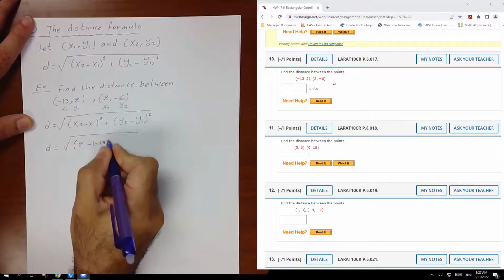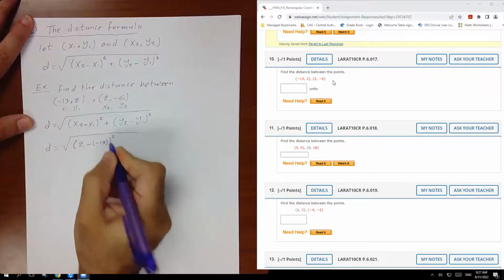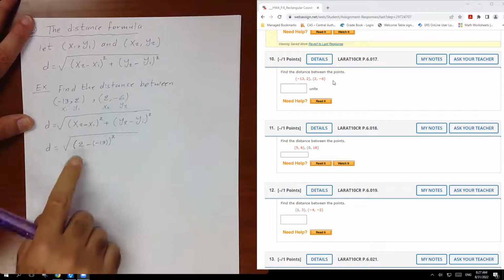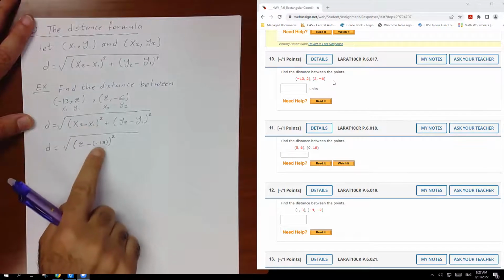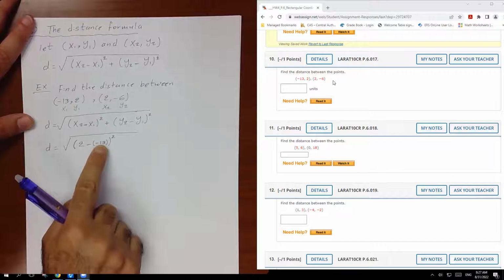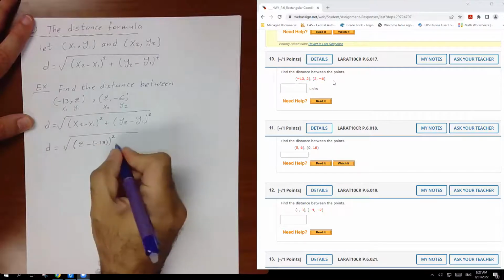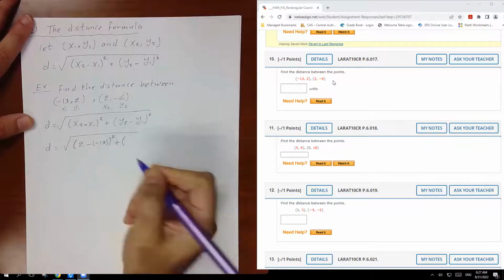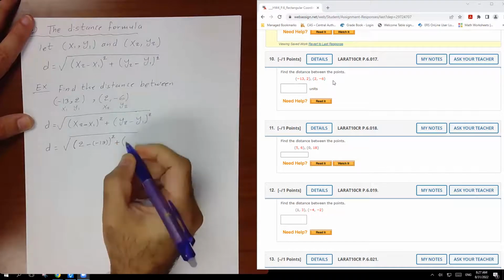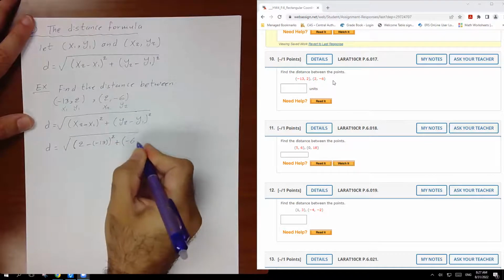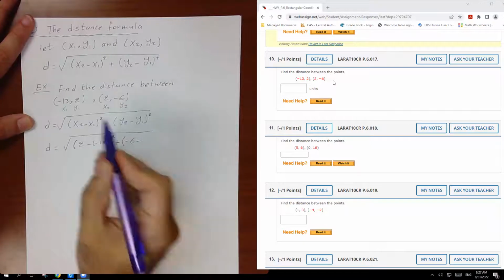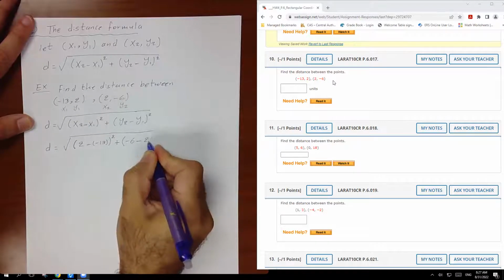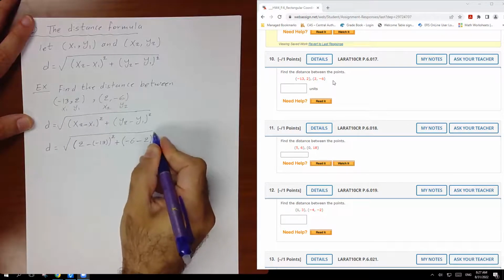You see, you have to be careful, there's a negative sign here with the formula. x1 is negative 13, so I have to write down negative 13. It's a different sign. Plus y2, which is negative 6, minus y1, which is 2. Close the parentheses.